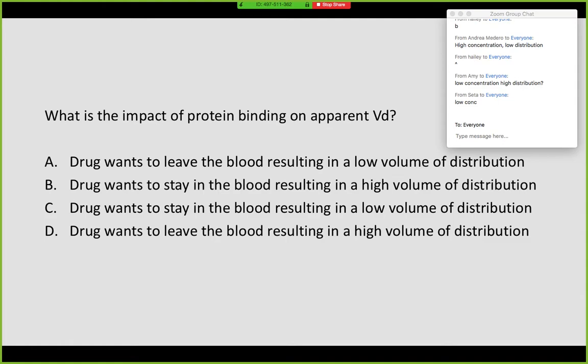All right, so what is the impact of protein binding on apparent volume of distribution?